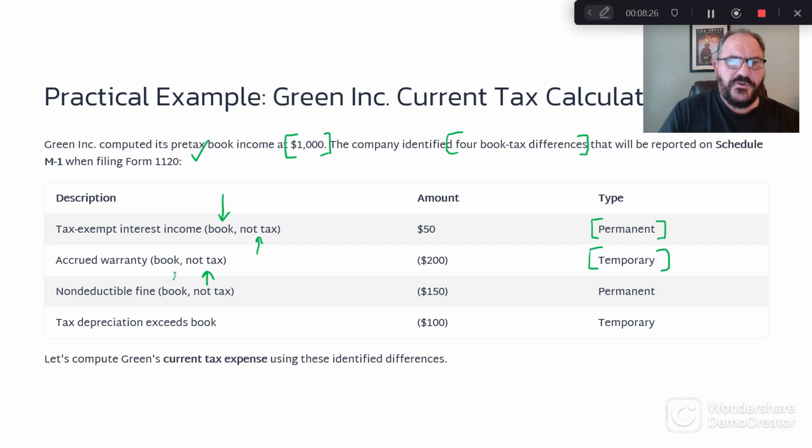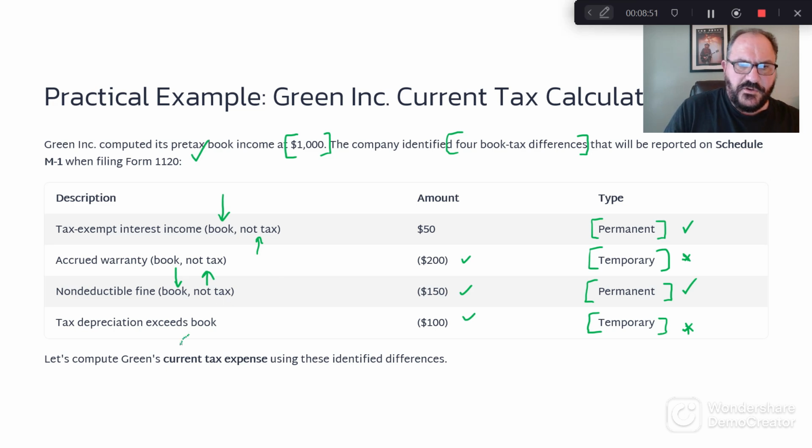So notice here they're deducting it in book, but not on tax. You see how these two are negative numbers, and then tax depreciation exceeds book by 1,000. So this one is permanent too, because it's fines, and this one's temporary. So this one and this one will reverse. This one and this one will never reconcile.